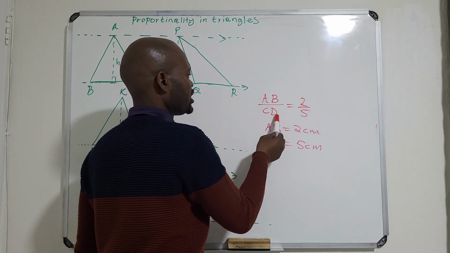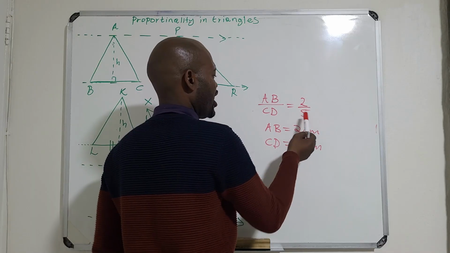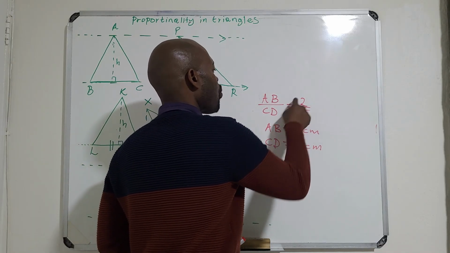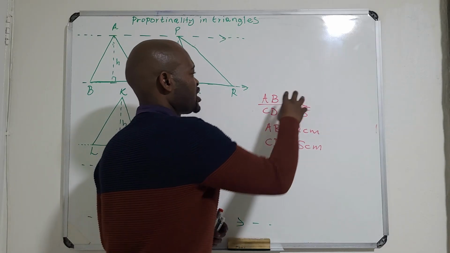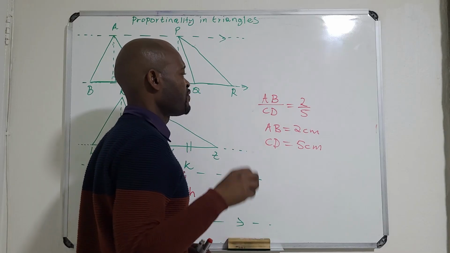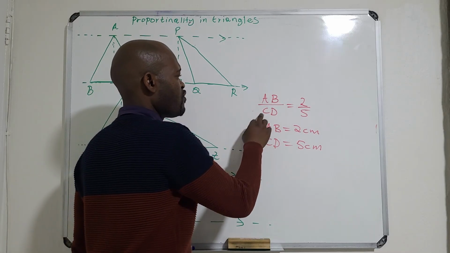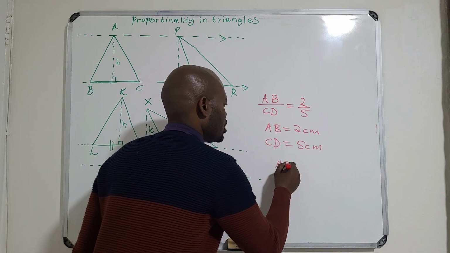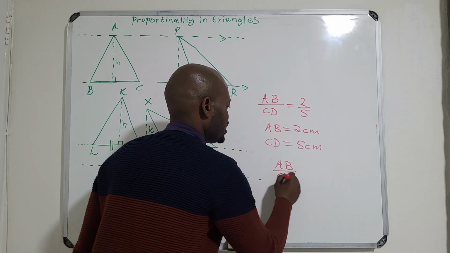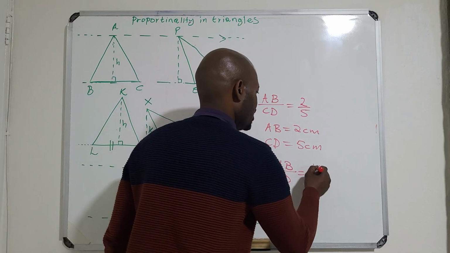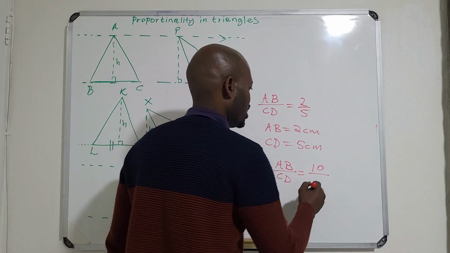AB over CD equals 2 over 5. We must work with the simplest ratio of equivalent fractions. AB over CD can also be written as 10 over 25.